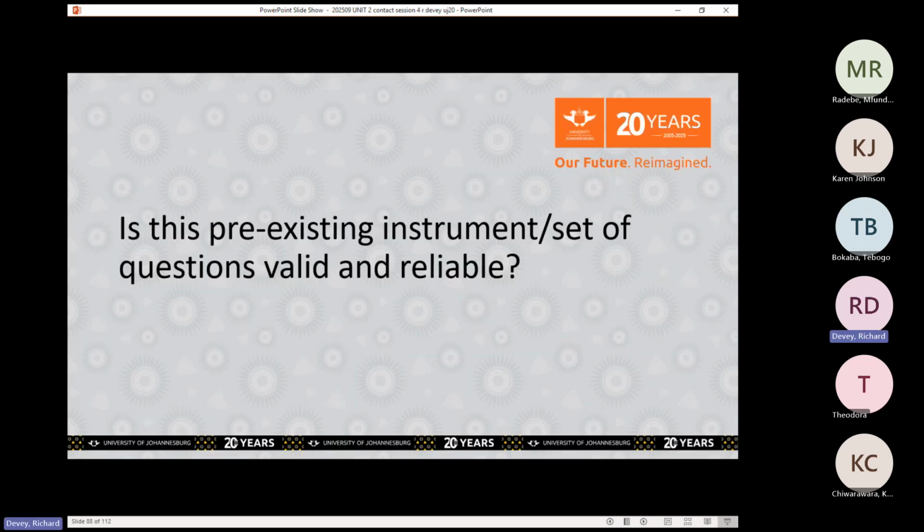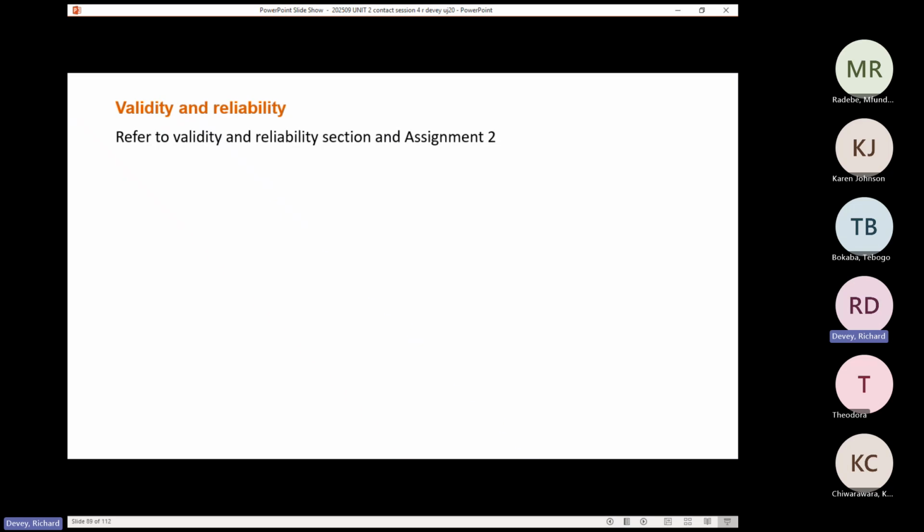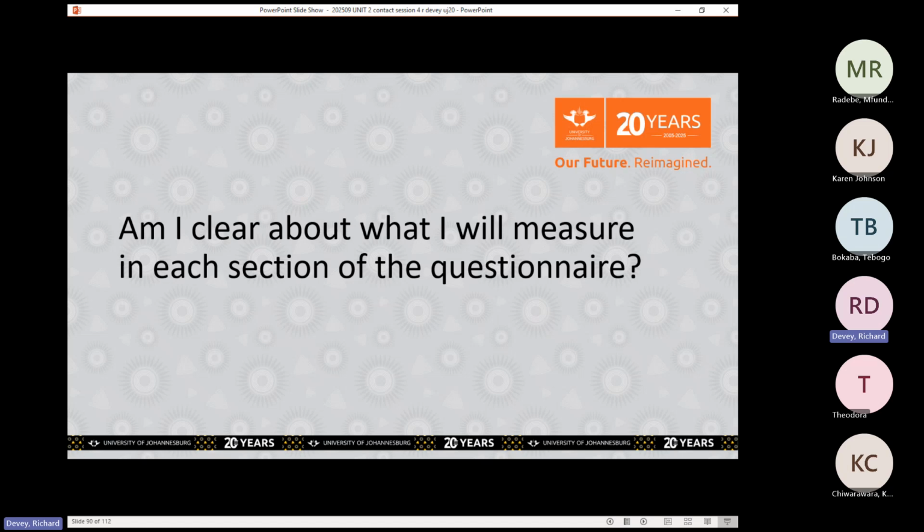Okay. Then you need to know what the processes are that we look for validity and reliability, and we would have learned some of those in the section on reliability and validity. And then we'll also maybe look at those in a bit more detail in the analysis section.